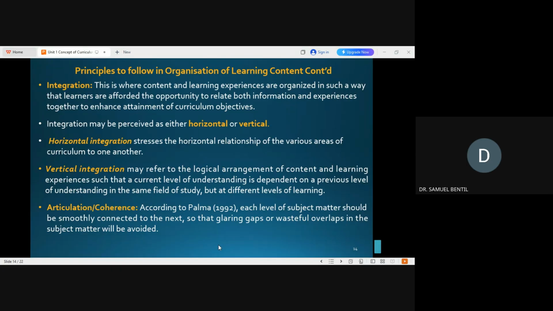We are saying that each subject matter should be smoothly connected to the next in order to avoid glaring gaps or wasteful overlaps in the subject matter. So at this level, what we do is that we try to organize the subject matter or the content in such a way that there is no overlapping of topics in each of them.